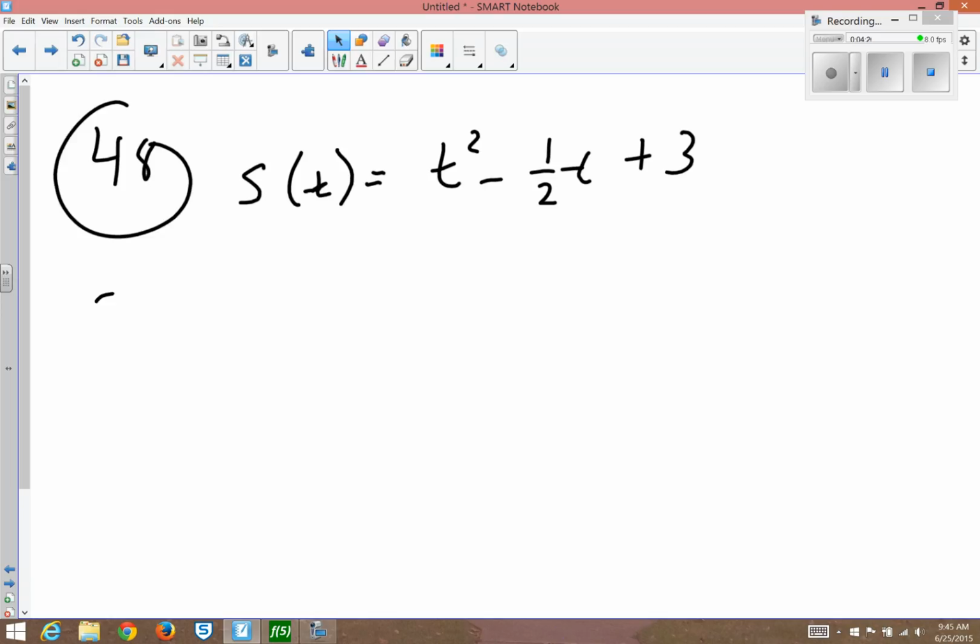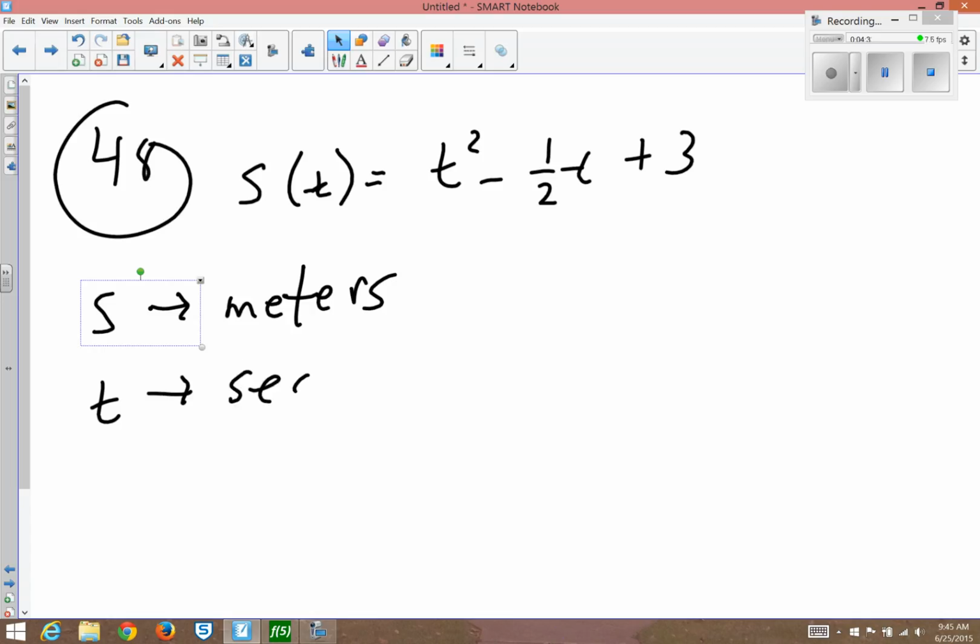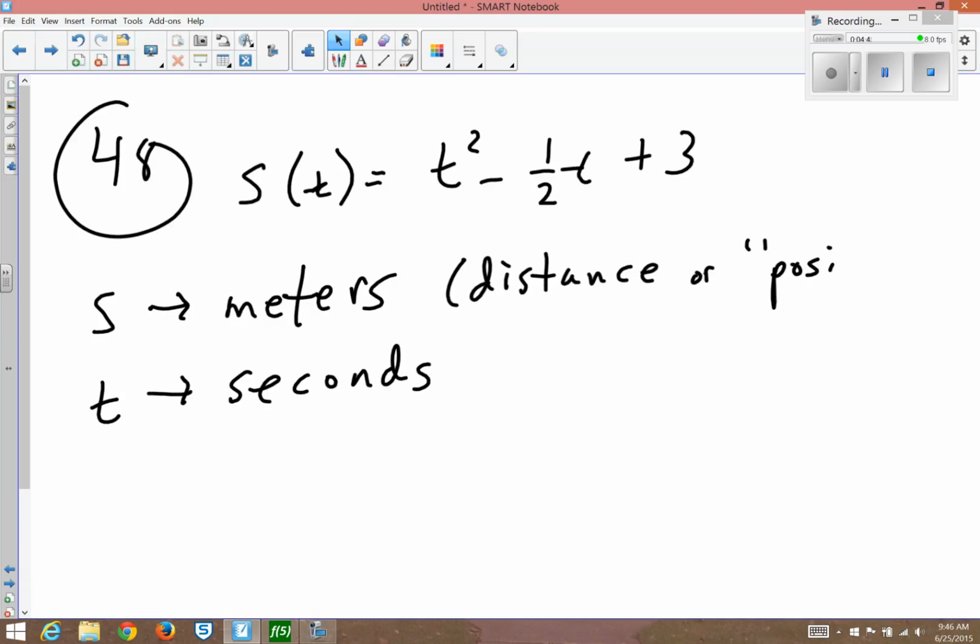When s is something that's measured in meters, which it says, and t is something measured in seconds, something measured in meters is often called distance, or sometimes we call it the position. T is measured in seconds, of course we call that time.